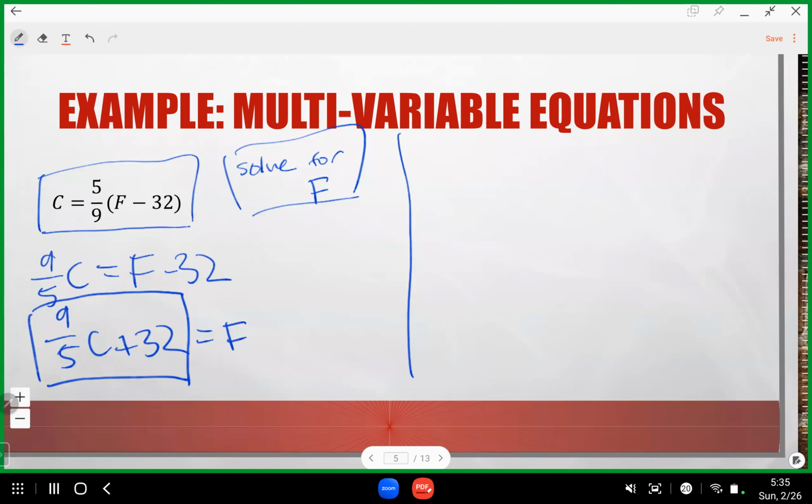So for example, let's say, what is some chemical equation? Maybe like, what was it? How about this? PV over NT. All right, I think this was the combined gas law in chemistry.